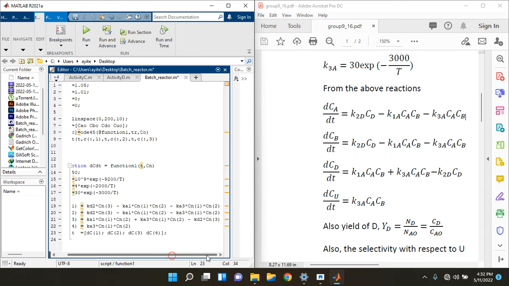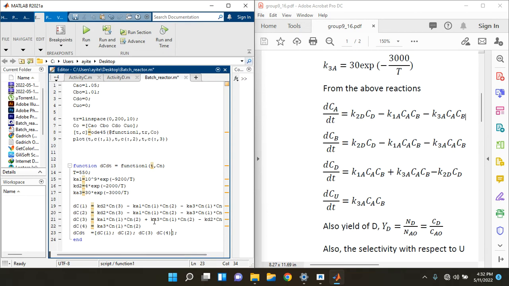So now we are almost done with the first part. First I defined my k constants. I set my t as 150, my ka1, kd2, ka3 here, and then wrote my four differential equations, which is the same as the one here. So let's comment this one out so that it doesn't plot now.